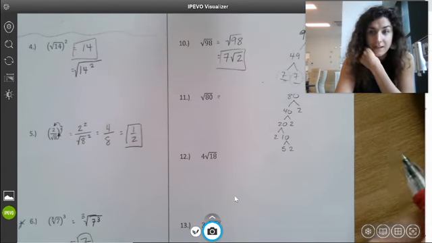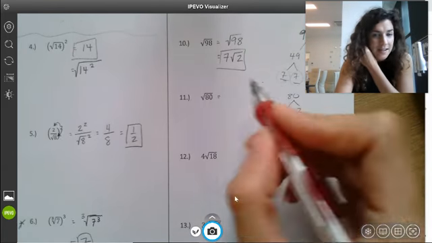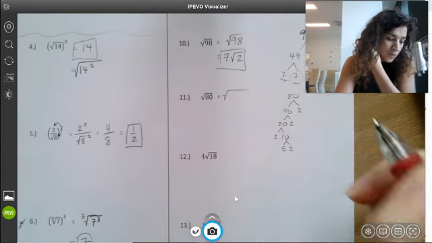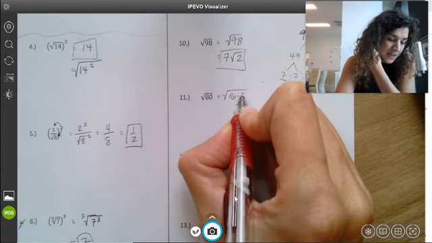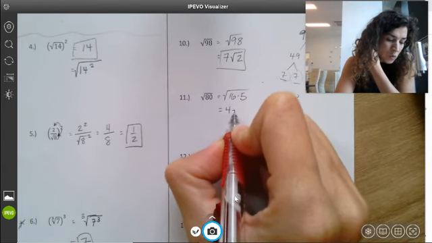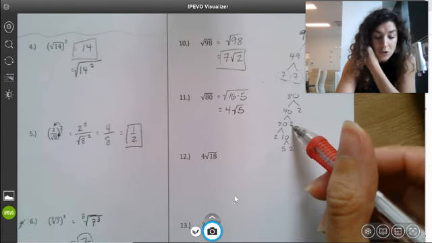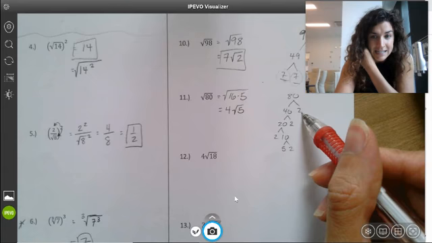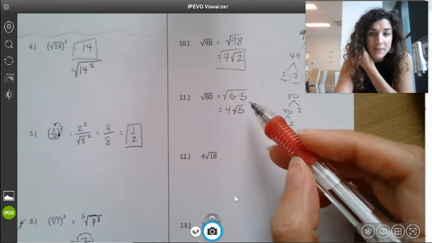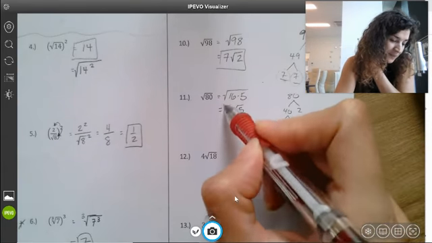Yeah, so 16 goes into 80. So we're going to do the square root of 16 times 5, which is 4 times the square root of 5. 2 times 2 times 2 times 2 is 16. That's the perfect square, and that's how I knew.